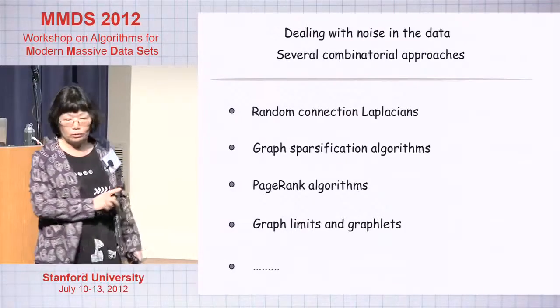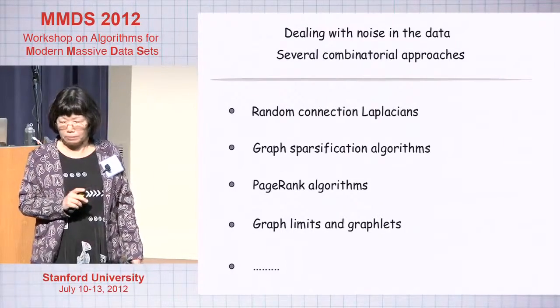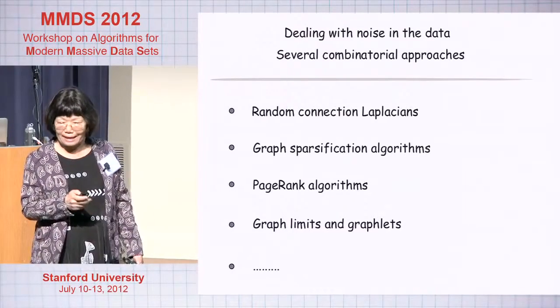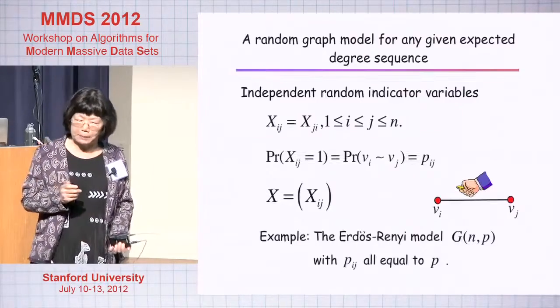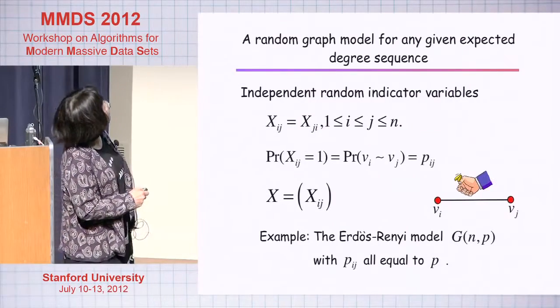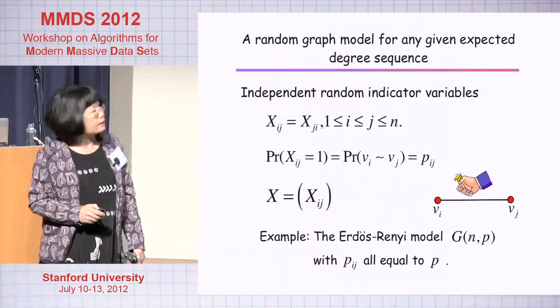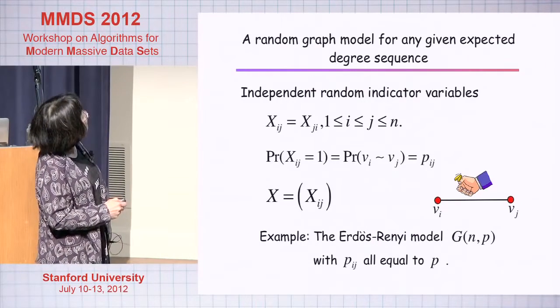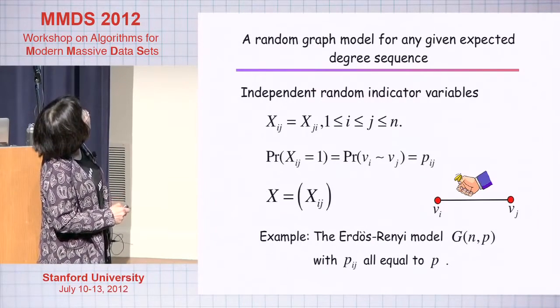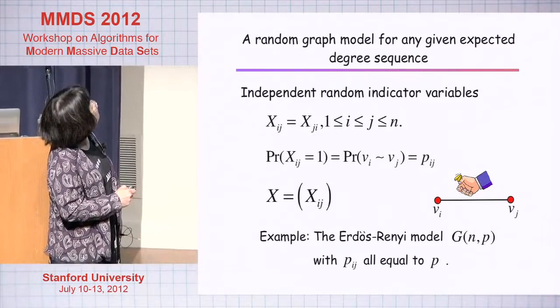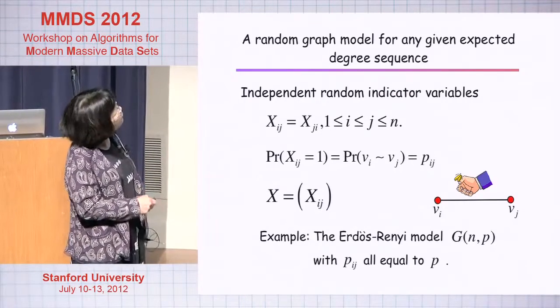I'm just going to talk about several general approaches, and each one has its merit, and in fact, they help each other. So, random connection Laplacian. Usually we talk about random graph models. This is a very general one.